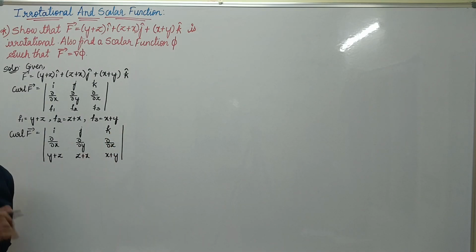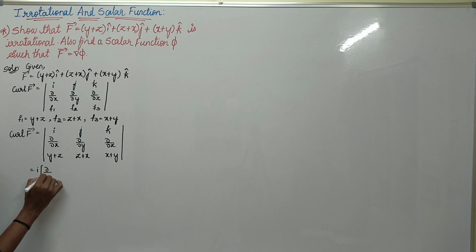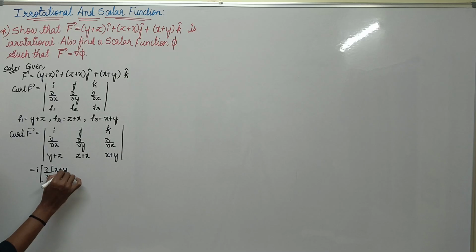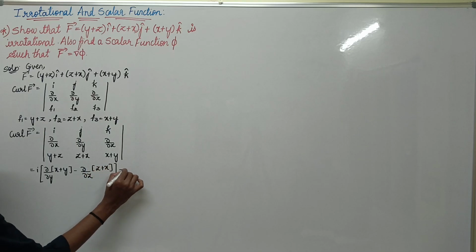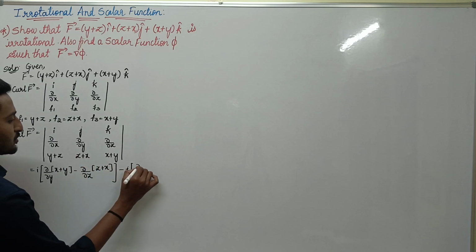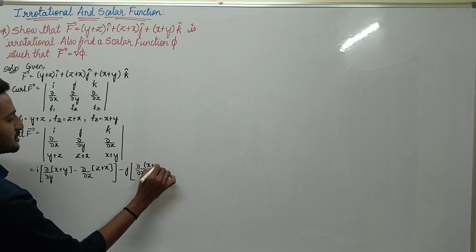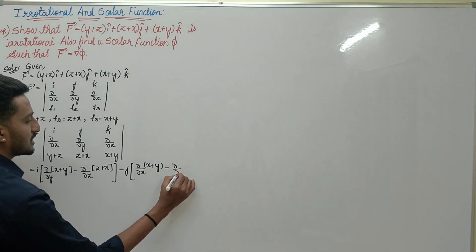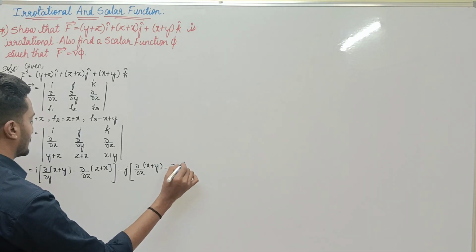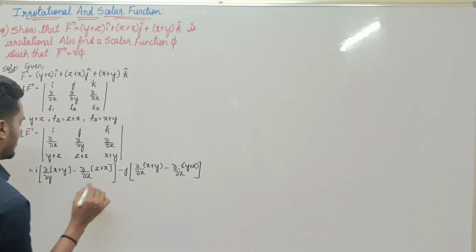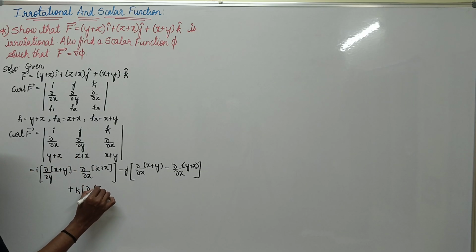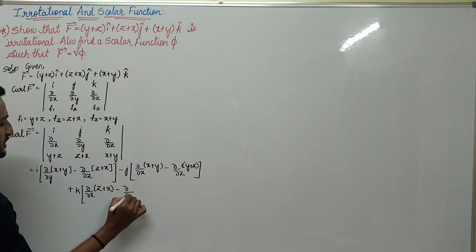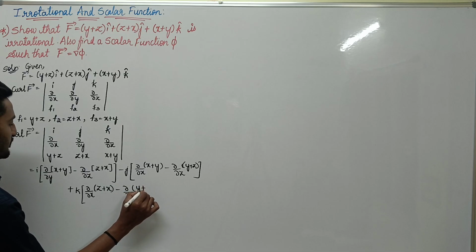Now do the determinant expansion, that is i into (del by del y of x plus y minus del by del z of z plus x) minus j into (del by del x of x plus y minus del by del z of y plus z) plus k into (del by del x of z plus x minus del by del y of y plus z).